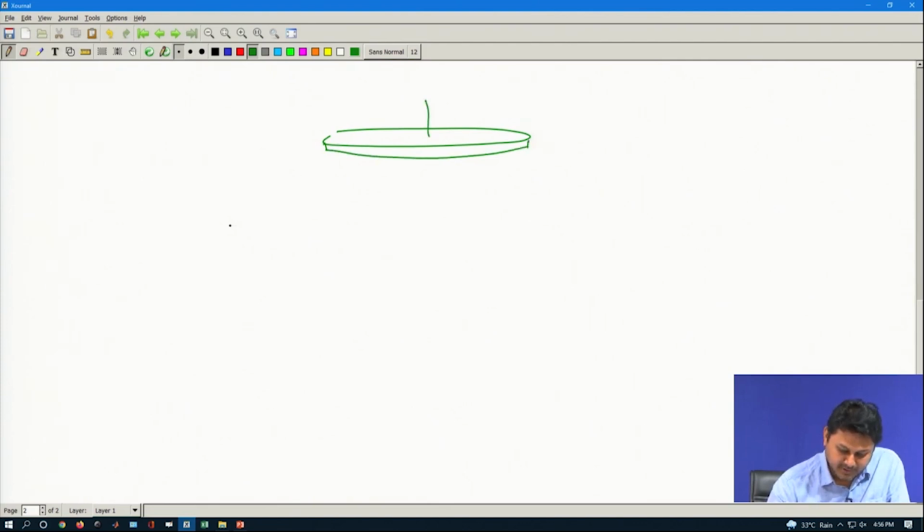This is made of a conductor, and suppose it is rotating with a certain angular velocity omega.